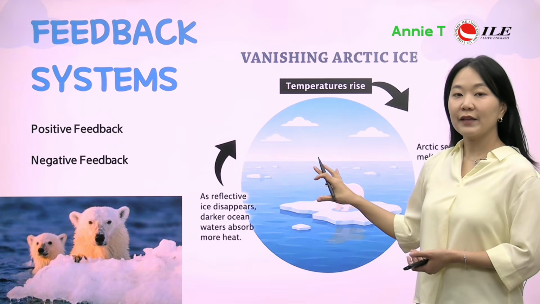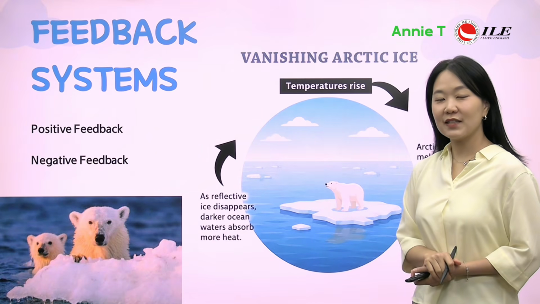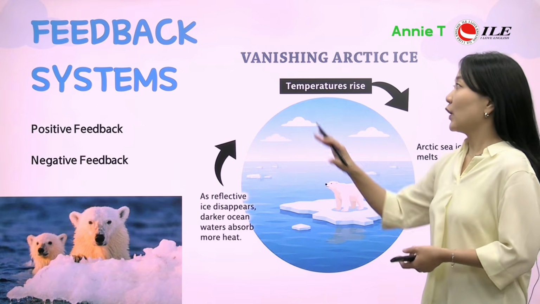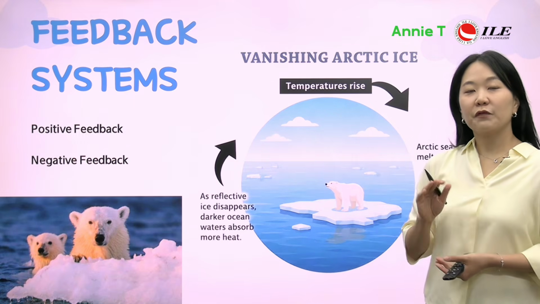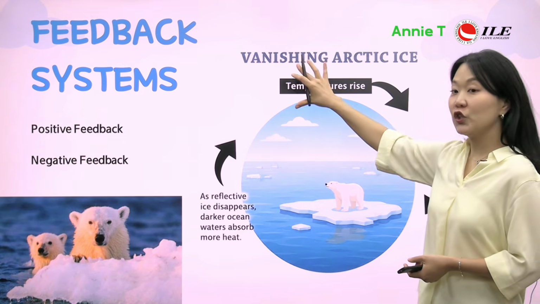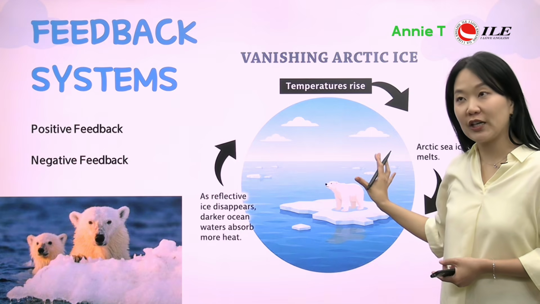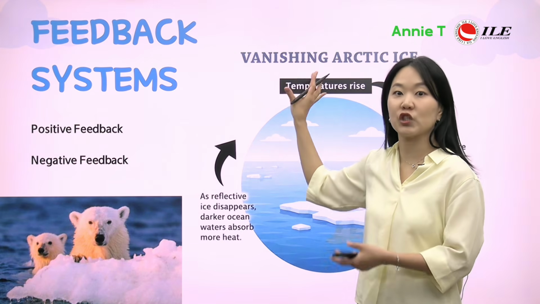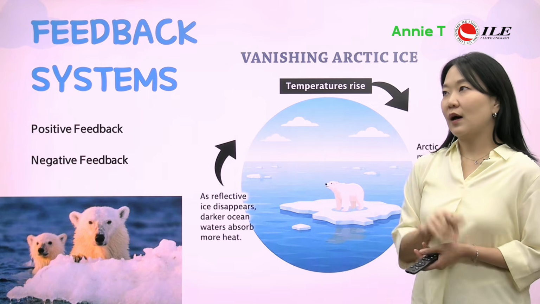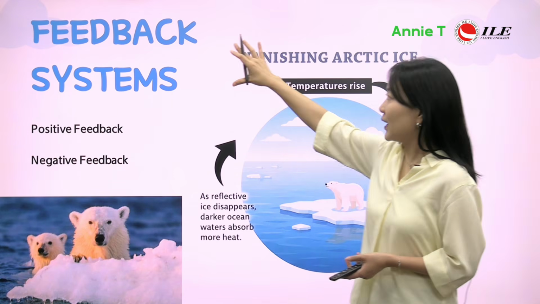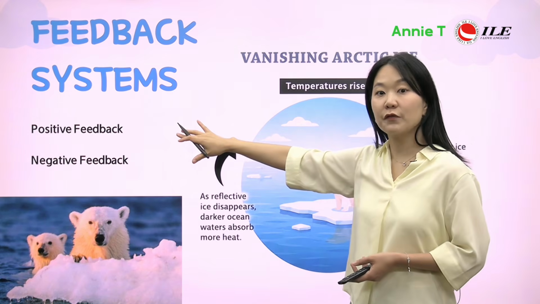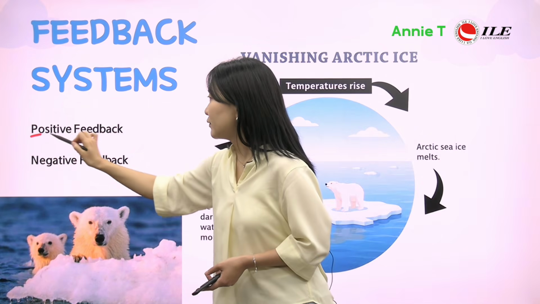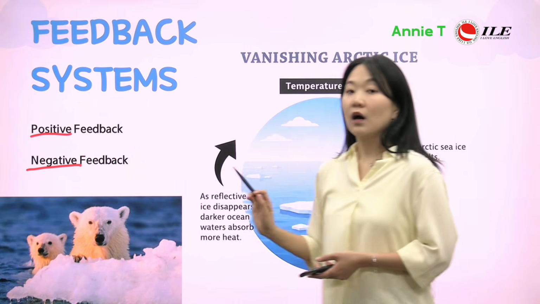So the final part of our lecture today is about feedback systems. Okay, what is a feedback? A feedback is when one change influences another change, which results in the first change also being affected. In feedback systems, we have positive feedback and we also have negative feedback.